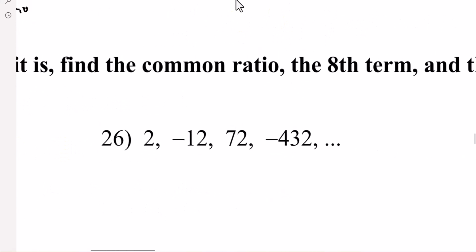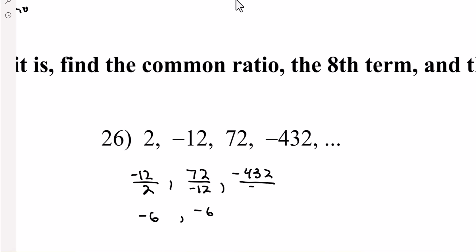Ooh, this looks more promising. So negative 12 divide 2 is negative 6. 72 divide negative 12. There we go. Negative 6. Negative 432 divide 72.